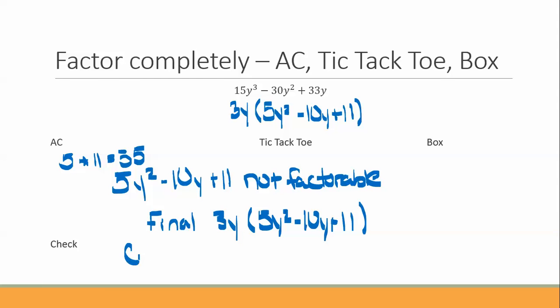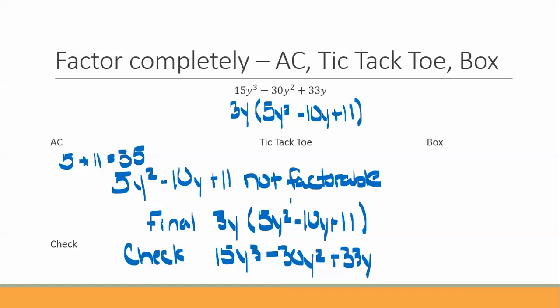And our check is still to remultiply. So 3y times 5y squared is 15y cubed. 3y times minus 10y is minus 30y squared. And 3y times 11 is plus 33y. The same thing would have happened in tic-tac-toe. We can see that quick.